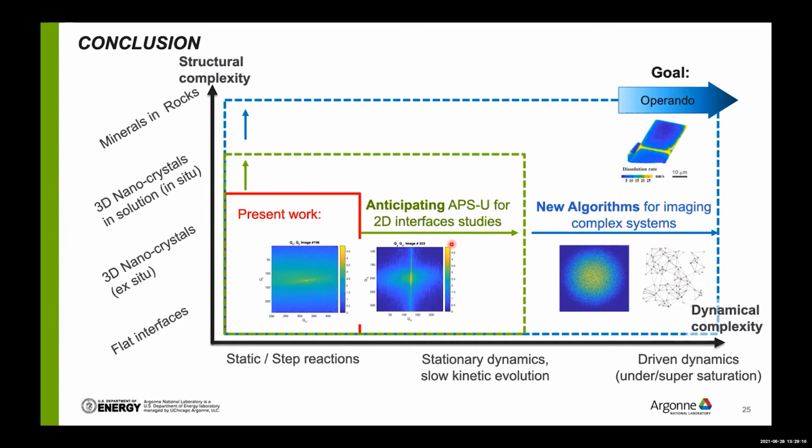And so the new capabilities will be specifically this gain in coherent X-ray flux between 2 and 3 orders of magnitude. The fact that we will have a gain in coherent flux not only for low energies, but also for high energies, which is very important for in situ studies. And also the fact that we will benefit from very small beams.